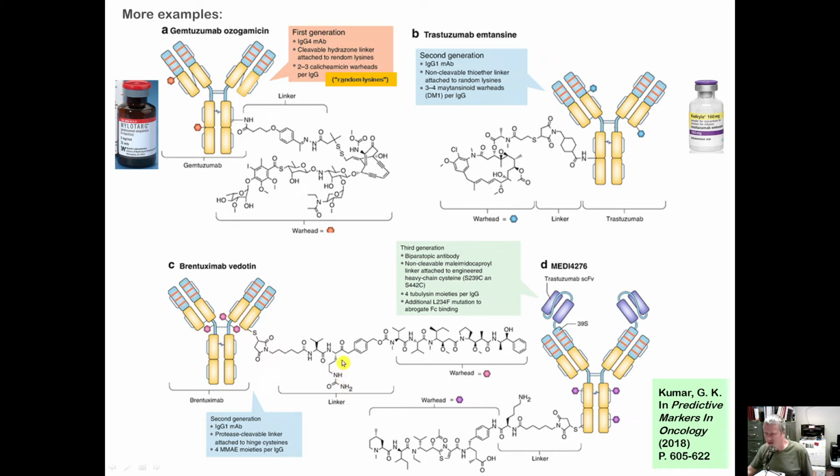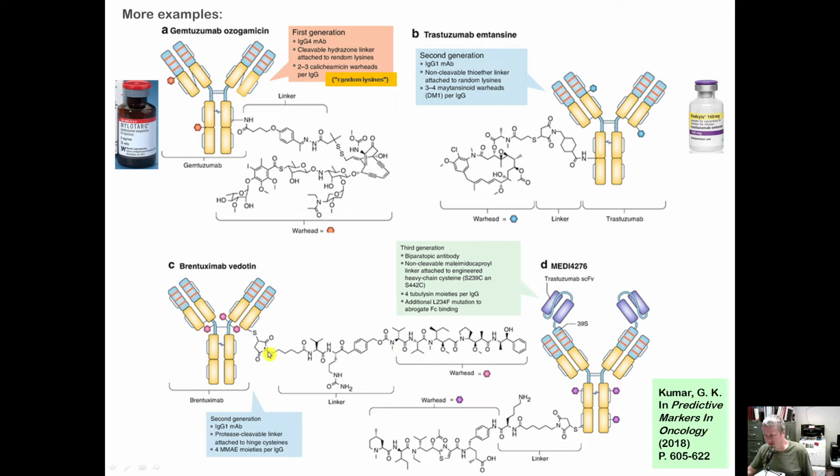So it's a kind of weird, non-natural amino acid. And then they have that thing we were just talking about, monomethyl auristatin, I think it's called. And that is the warhead. This does the anticancer activity.